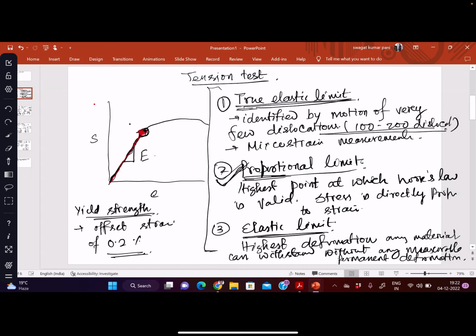It will come back to its original shape. There will be no plastic deformation. So this property is called resilience.